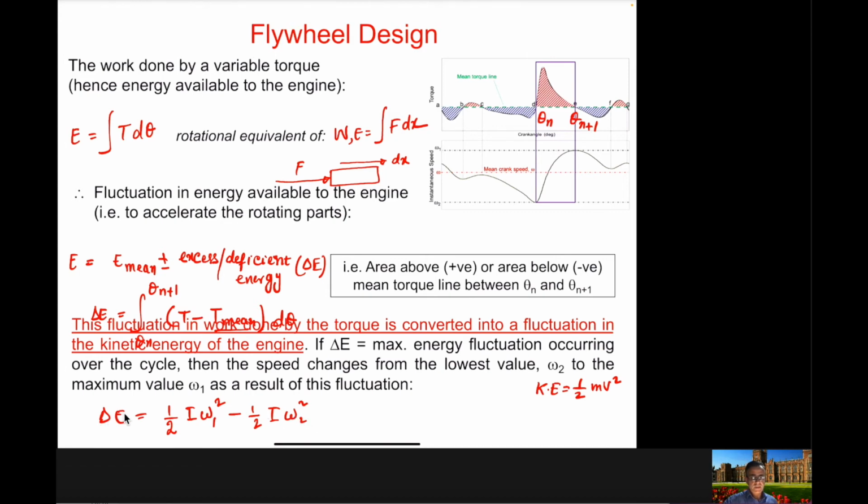So the maximum energy fluctuation will change the kinetic energy of the crankshaft from speed omega 1 to speed omega 2. And here this I is the moment of inertia of the crankshaft plus flywheel.